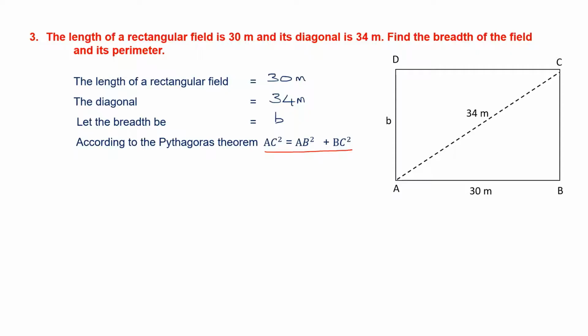So let me just give you a brief explanation of the Pythagoras theorem. First of all, when you look at this triangle ABC, you can see that this is 90 degrees, isn't it? Now, the side that is opposite to the 90-degree angle is called the hypotenuse.